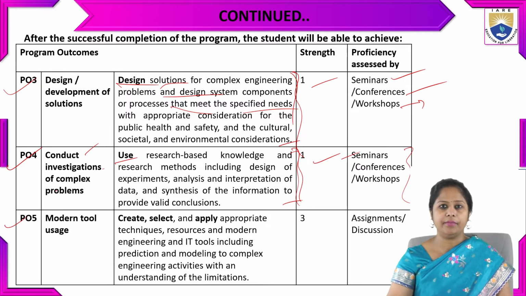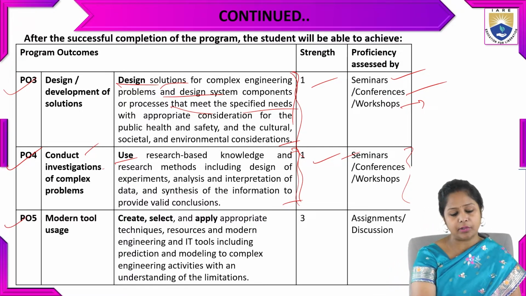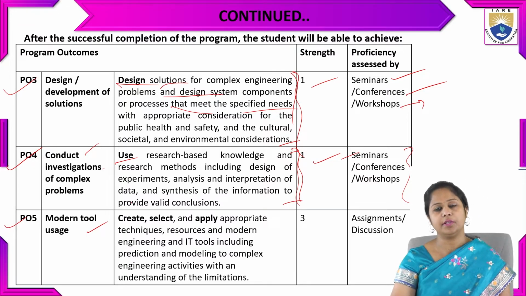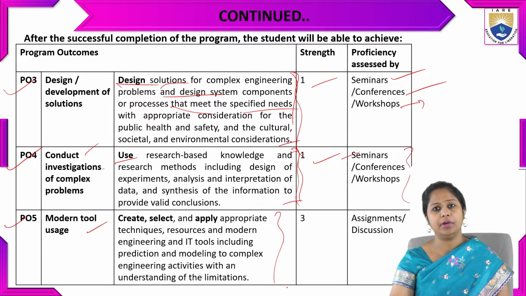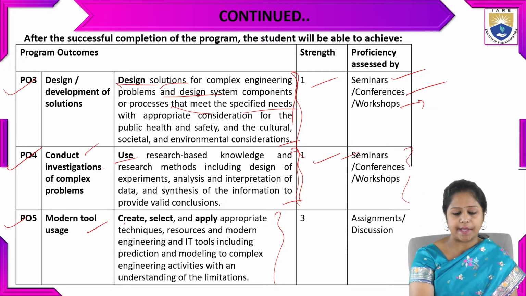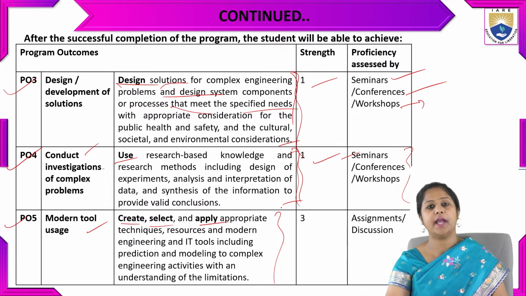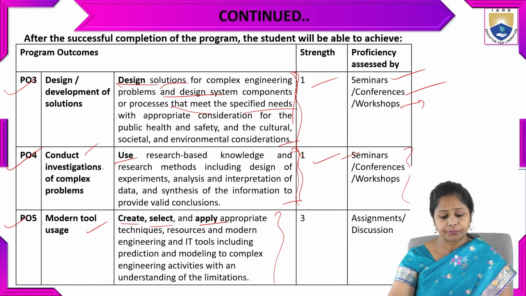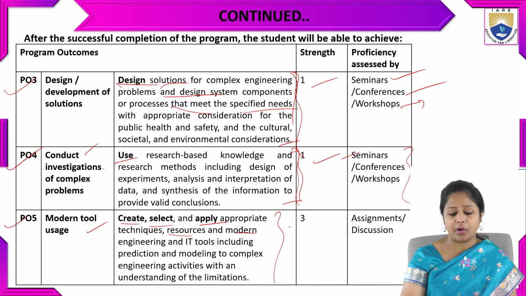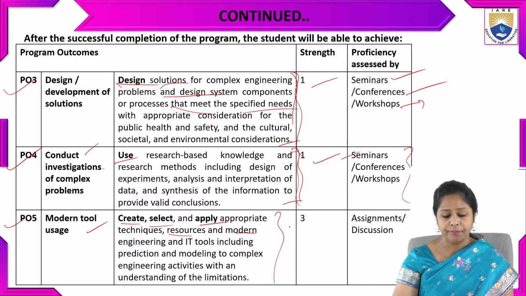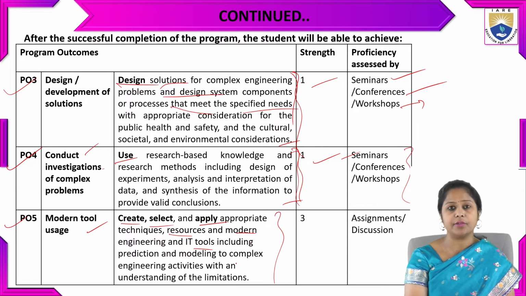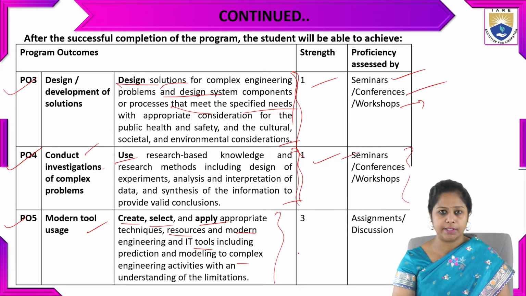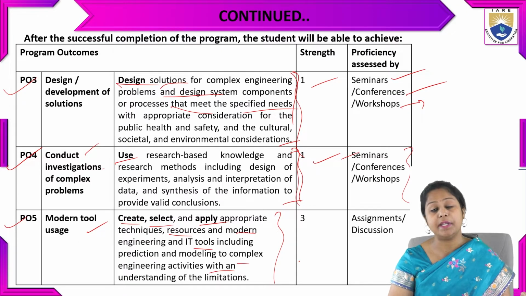In the PO5, the student will be able to use the modern tool usage. So in this phase of PO, he is going to create, select, and apply some of the appropriate techniques, resources, and modern engineering and IT tools, including prediction and modeling, to complex engineering activities with an understanding of the limitations.